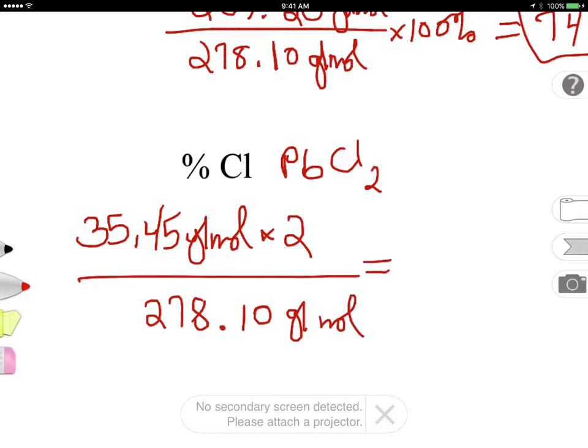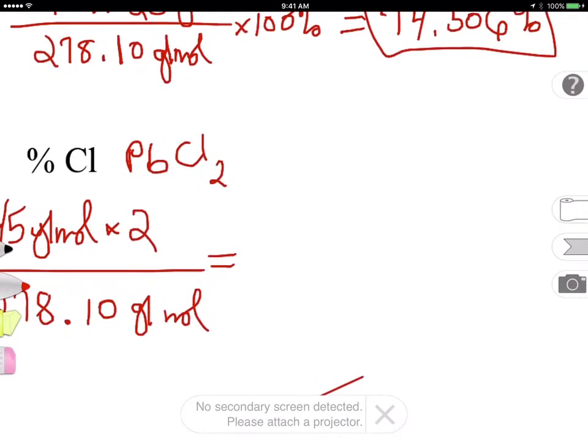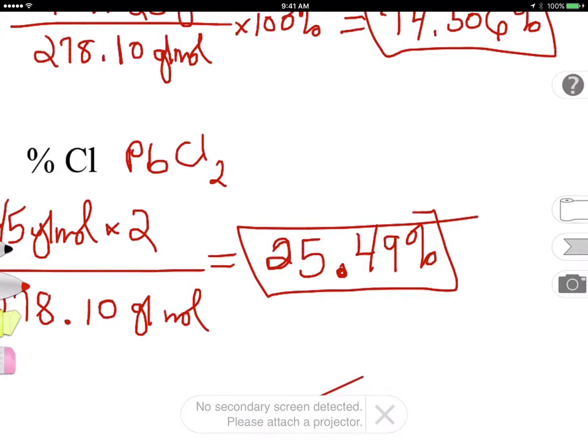Okay, and when I do that, multiply and then divide, 4 sig figs for this one, 25.49%, and there you go.